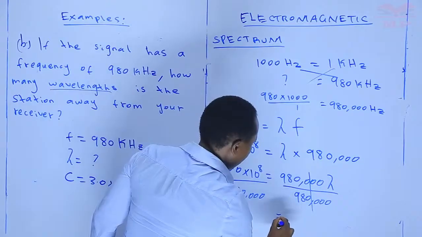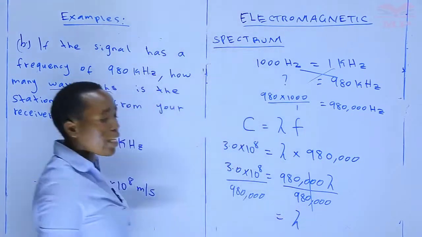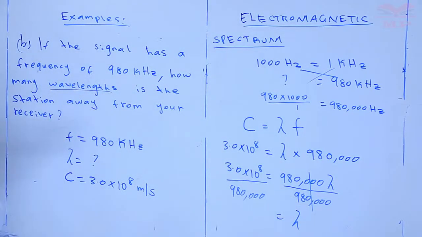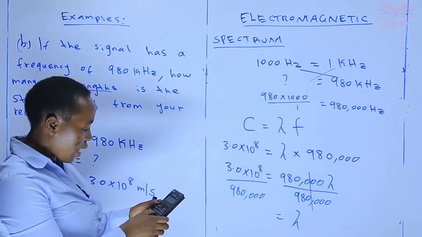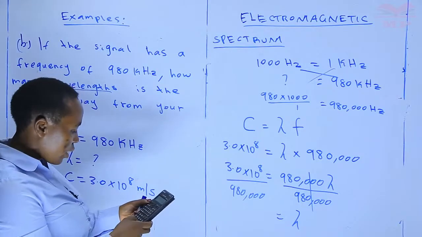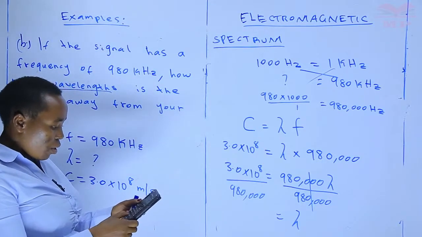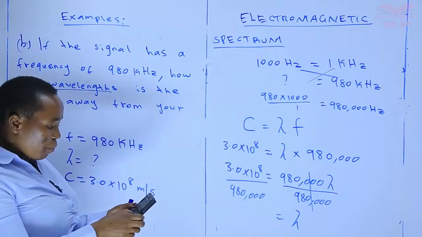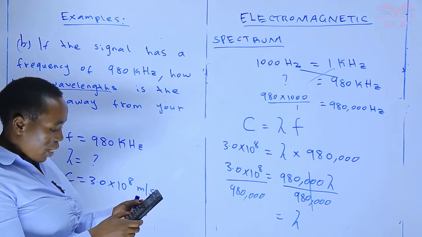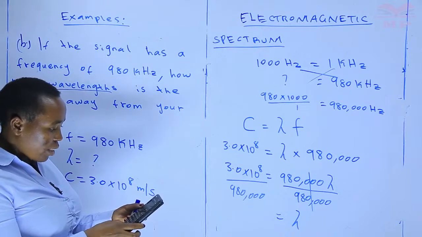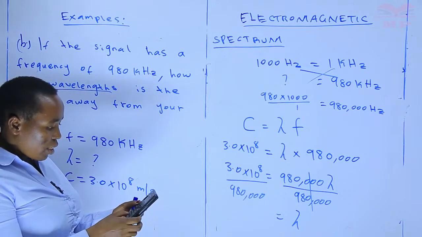So we end up getting our lambda, which is the number now of wavelengths. We can now divide using our calculator: 3.0 multiplied by 10 power 8, then divided by, open the bracket, 980,000.